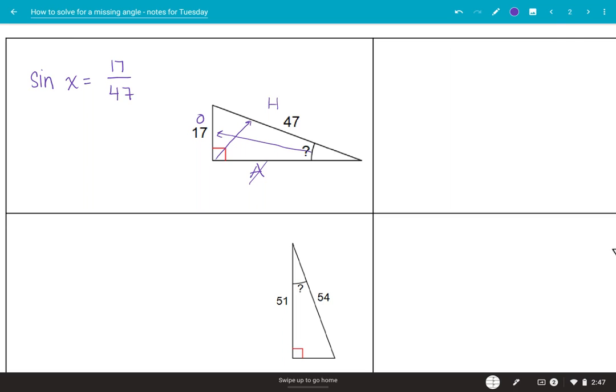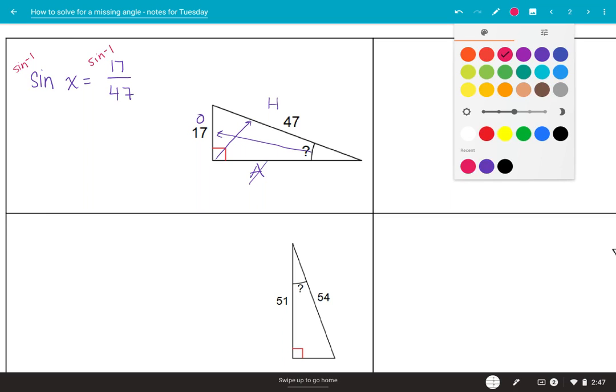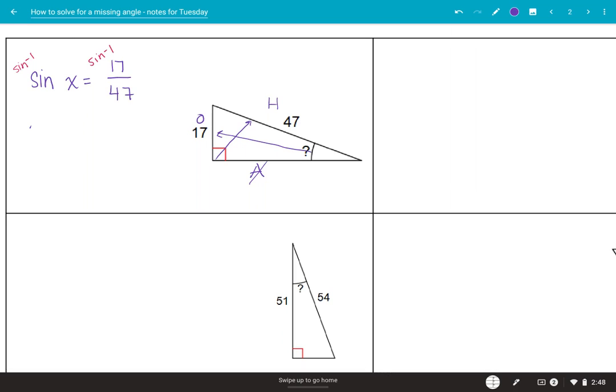Now, we want to get x by itself. So what we're going to do is we're going to multiply both sides by its inverse, sine to the -1. It gets rid of the sine, and so all we have is x left. And so we get x equals sine -1, 17 over 47.